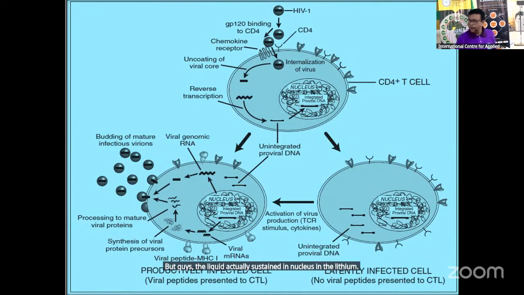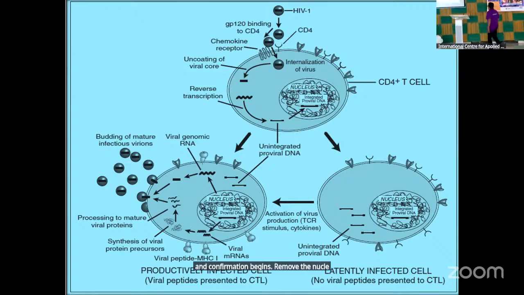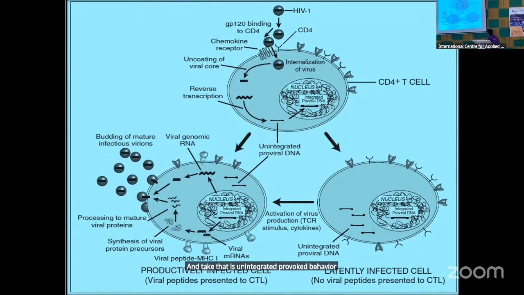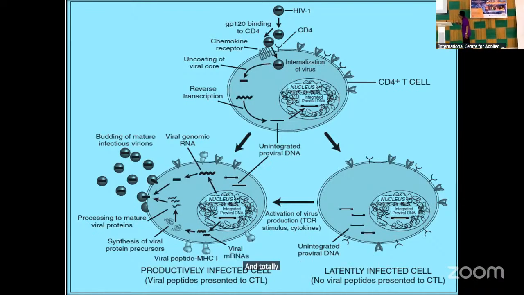To some extent, it is removed from the nucleus and becomes unintegrated proviral DNA. From this, it will sustain a long time, near about 145 days, and totally infect these CD4 plus T cells.